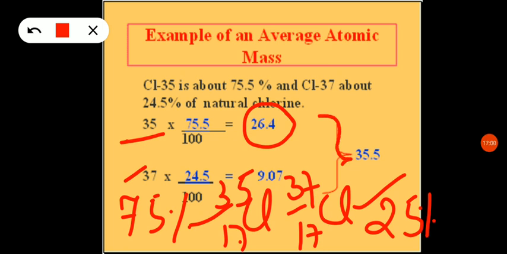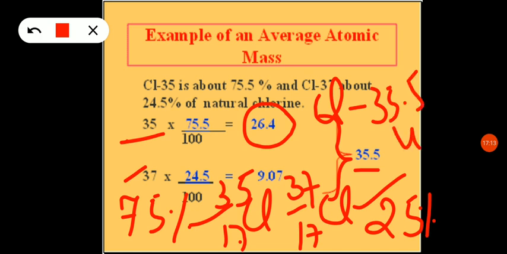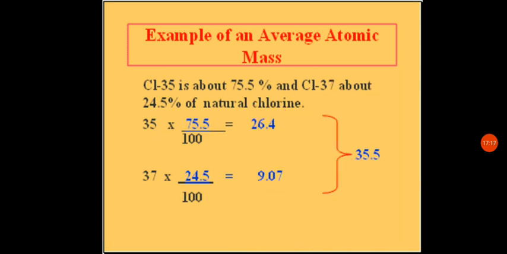So if you do the average, it will be around 35.5. So the mass number of chlorine is 35.5 unit. So these are the isotopes.